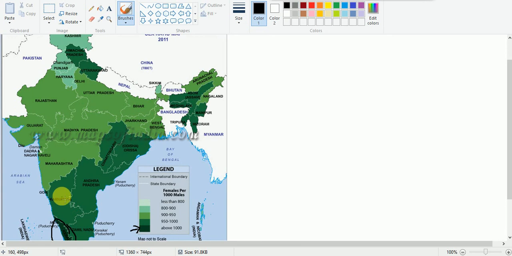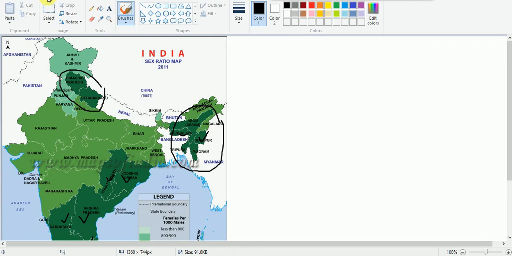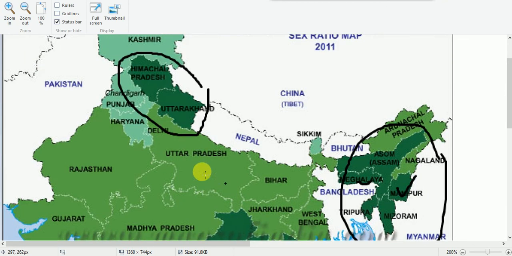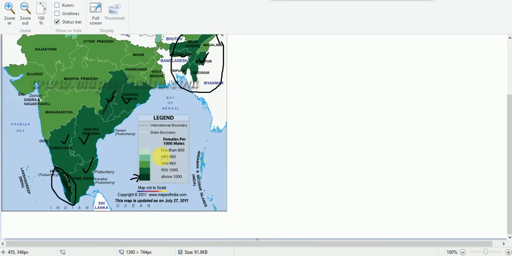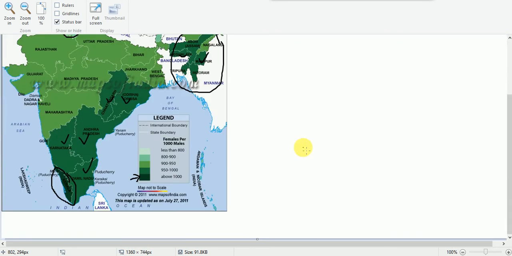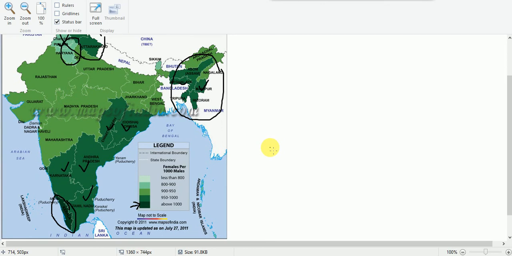Likewise, other states like Karnataka, Andhra Pradesh, Tamil Nadu, Chhattisgarh, Orissa, and some northeastern states, Meghalaya, Manipur, Mizoram, Assam, Tripura, then Himachal Pradesh, Uttarakhand, all have a sex ratio between 950 and 1,000. And for the lightly shaded ones, like Jammu and Kashmir, Punjab, Haryana, these states have a sex ratio of 800 to 900 females per 1,000 males.